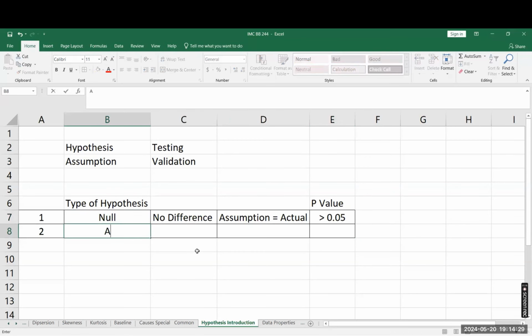But there is a second possibility, which we call the alternate hypothesis. Alternate hypothesis means there is a difference.